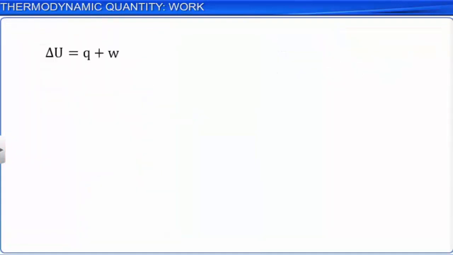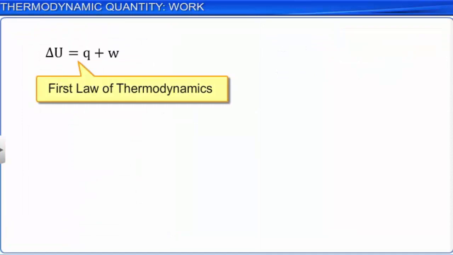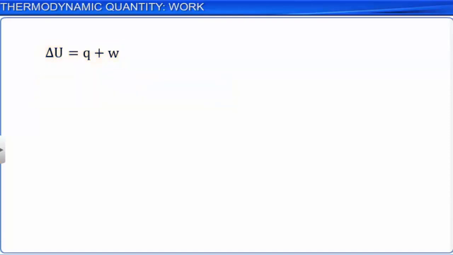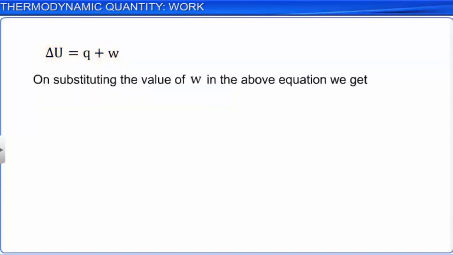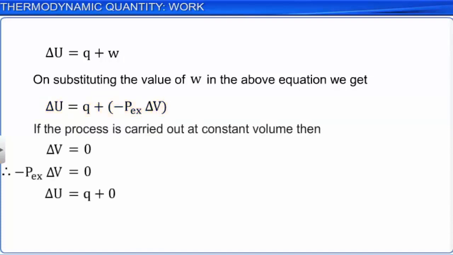We know that according to the first law of thermodynamics, the change in internal energy is represented as delta U equals Q plus W. On substituting the value of W in the above equation, we get delta U equals Q plus minus PEX multiplied by delta V. If the process is carried out at constant volume, delta V is 0.